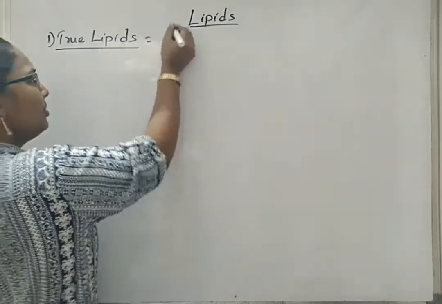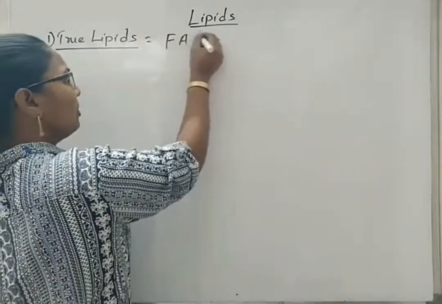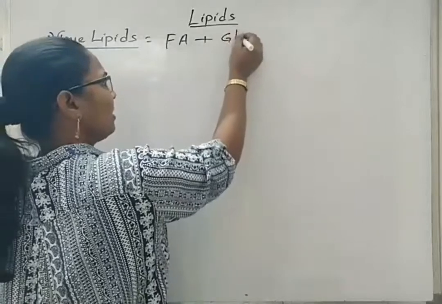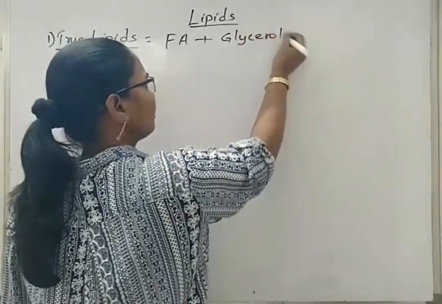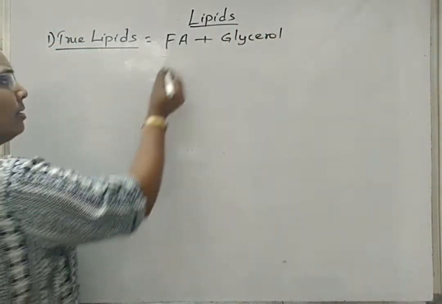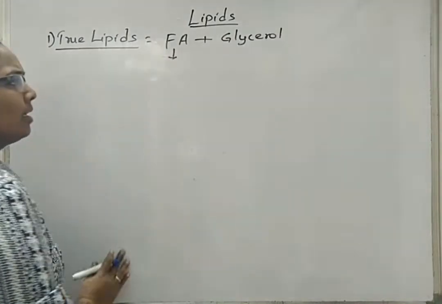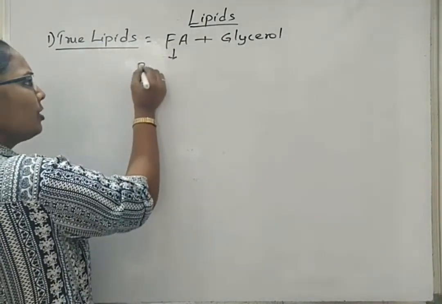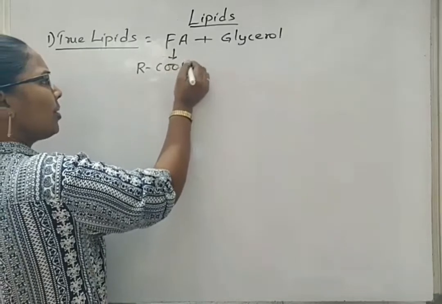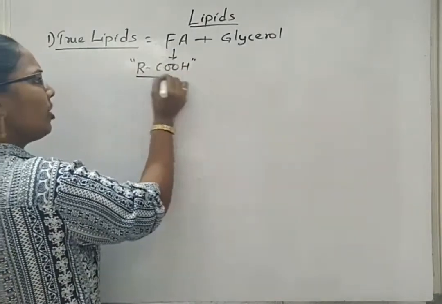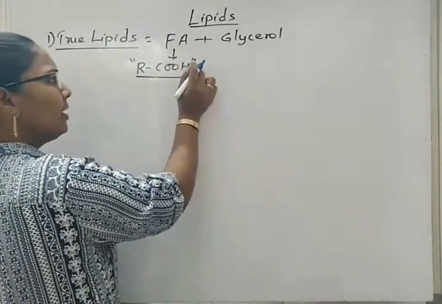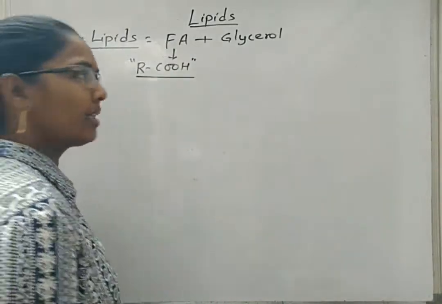As I said, true lipids are a combination of fatty acid plus glycerol. These fatty acids have one functional group and one carboxylic group. This total combination is chemically written for fatty acids.